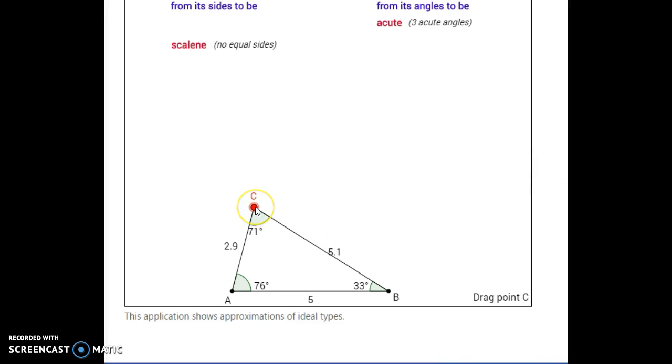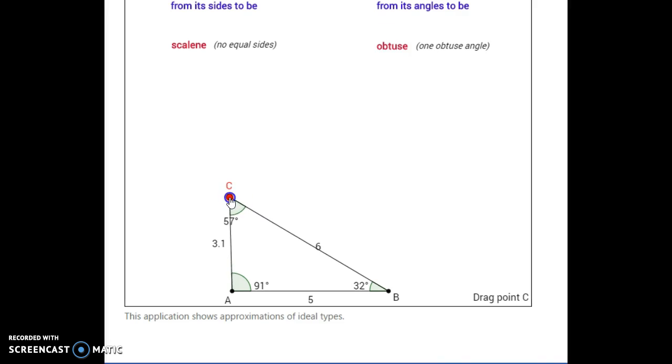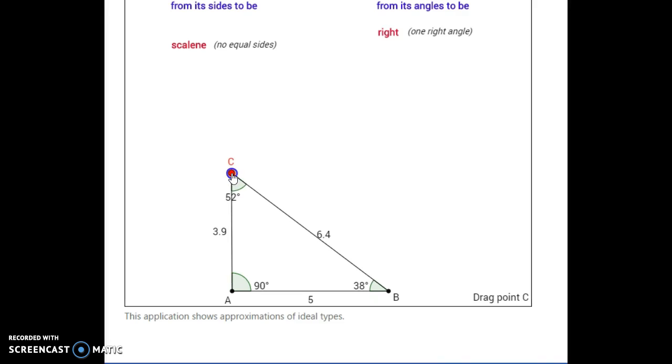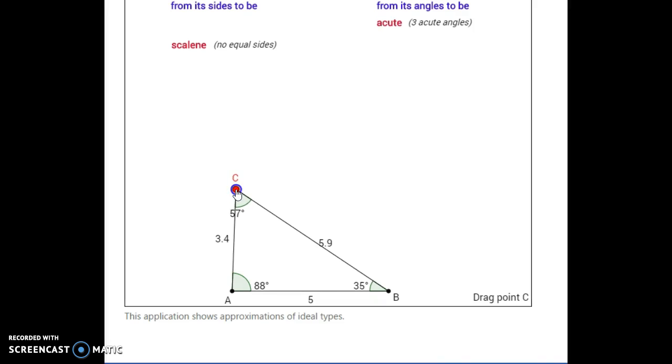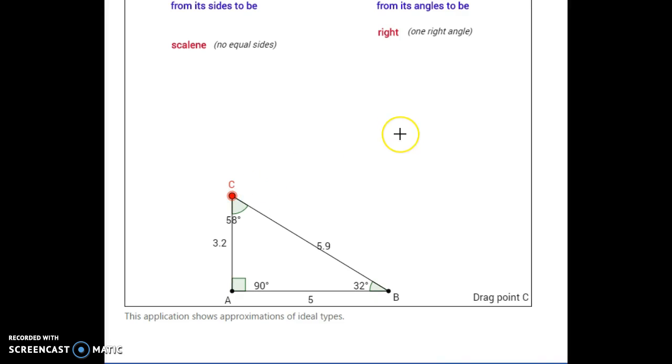Alright, now I'm going to show you an example of a right scalene triangle. Notice that I'm trying to get that nice square box to show up for the 90-degree angle.